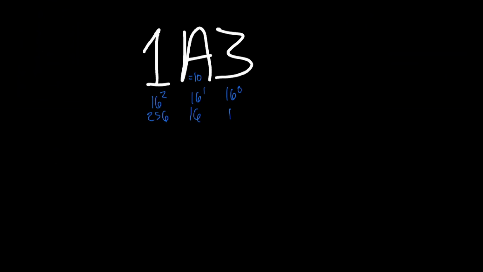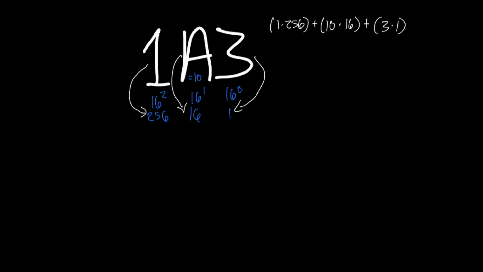So writing this all out, this would be 1 times 256, because we have a 1 in the 256 place. Then we add A times 16, or 10 times 16, because we know A is 10. And then we have a 3 in the 1s place, so 3 times 1. So adding this up, 256 plus 160 plus 3 gives us our grand total of 419.